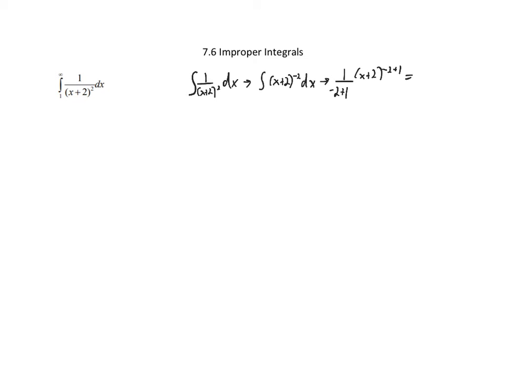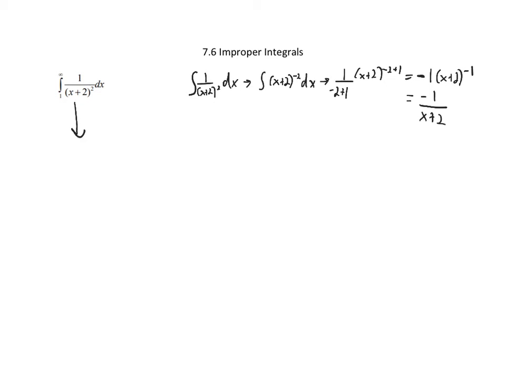If we simplify that, we get negative 1 times (x plus 2) to the negative 1. Dropping that back to the denominator to make it positive, we get negative 1 over x plus 2. So that's our general antiderivative.